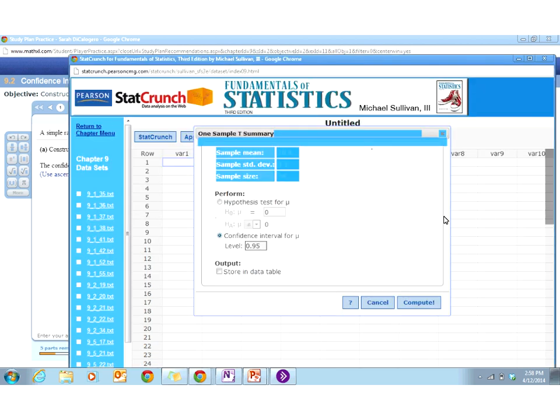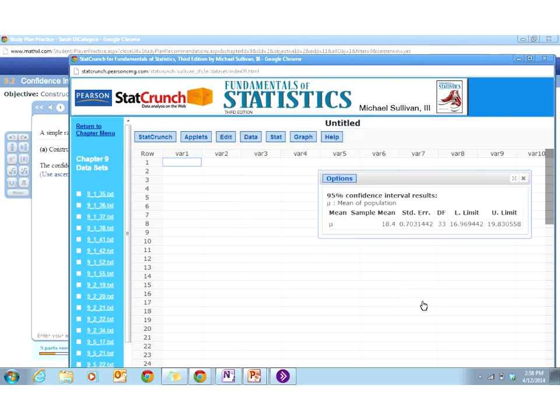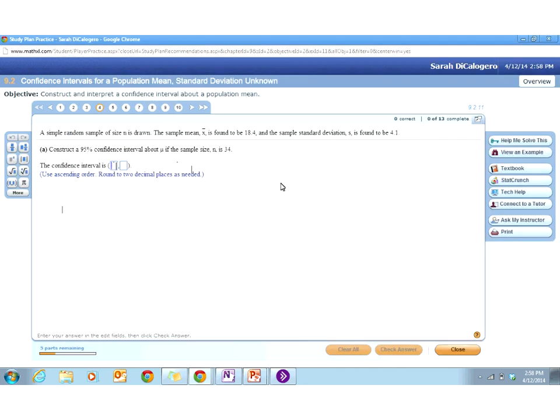So you make sure you click where it says confidence interval, compute, and then we have our lower limit. And I'm real lazy, so I like to copy it in. Control-C, Control-V, 2 decimal places would be 0.97.